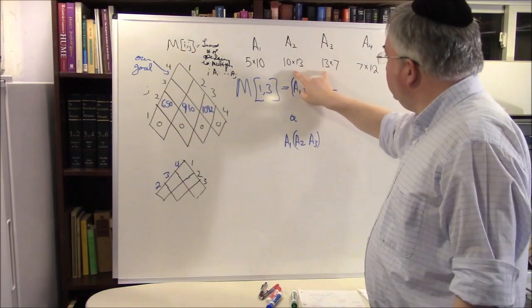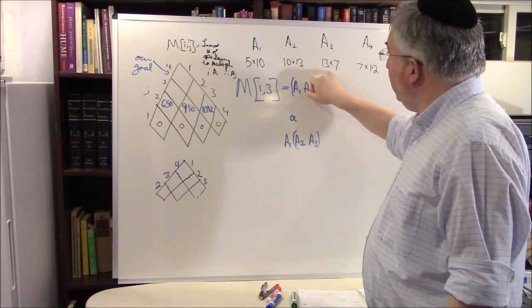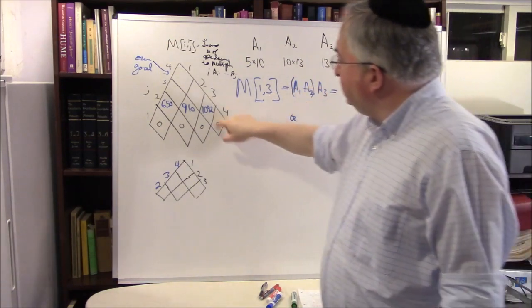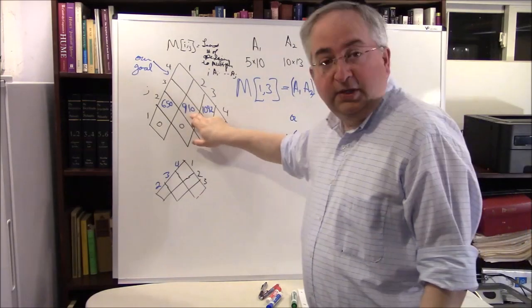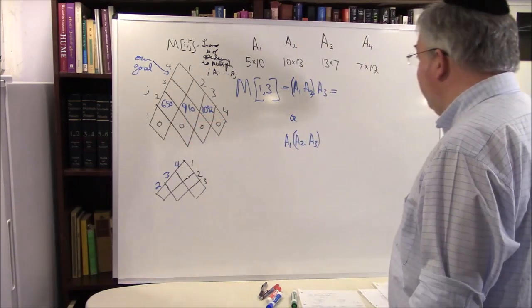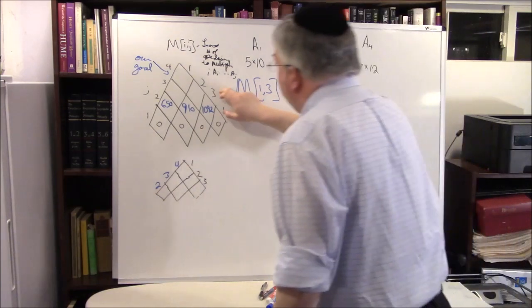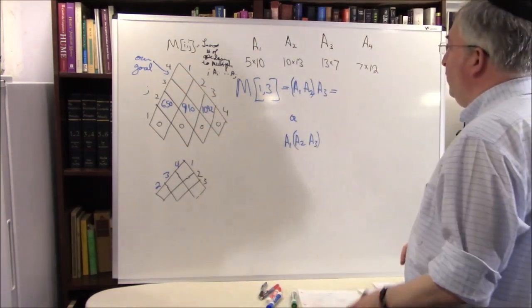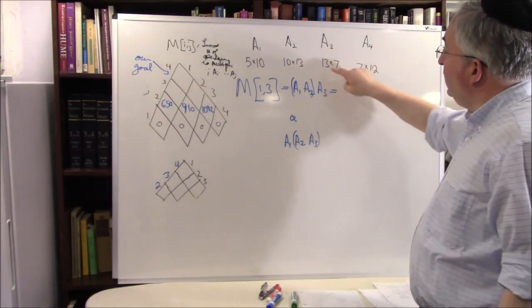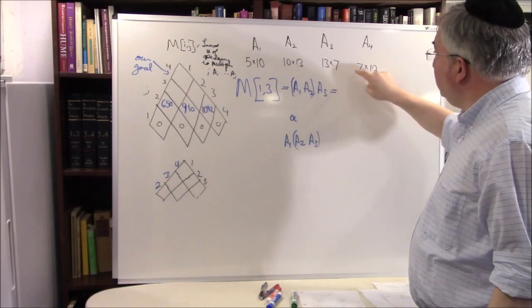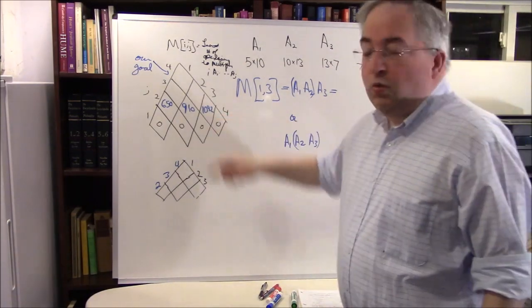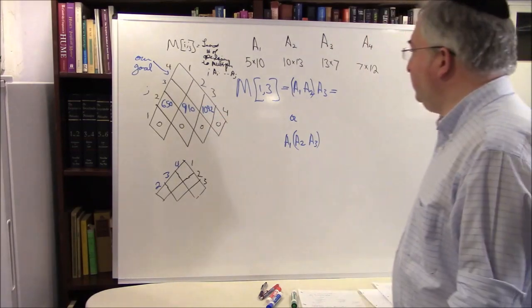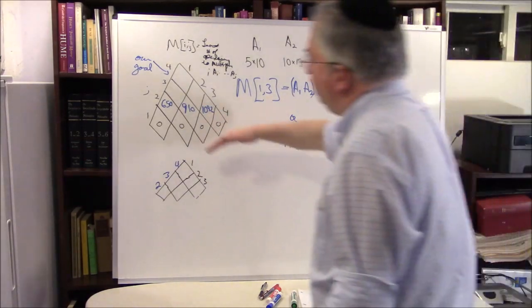How many operations do you need to multiply a 10 by 13 and a 13 by 7? The answer is 10 times 13 times 7, which I worked out to be 910. Next, 3 to 4. So 13 by 7, 7 by 12. That's 13 times 7 times 12, which is 1092. Very nice.